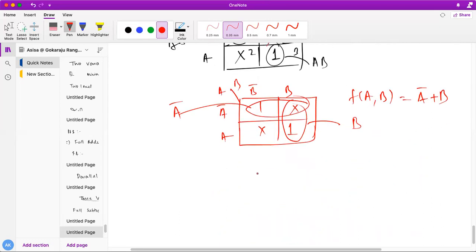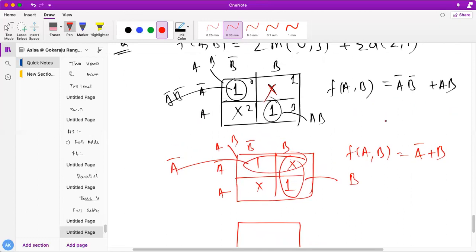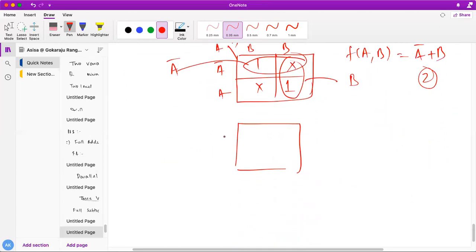Understand? Next, if I'm going to use both the don't cares, what will I get? Here I got 4 literals, here I got 2 literals, and finally if I use both the don't cares, what will I get? Obviously, how many literals?